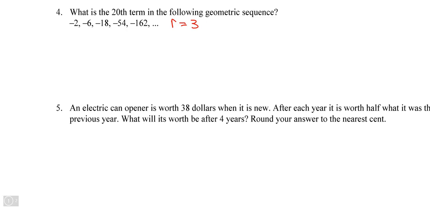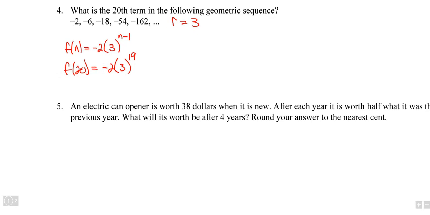So the explicit rule here is going to be f of n equals f of 1, our first term, -2, times r, which is 3, to the n-1 power. And so in this case, we're looking for the 20th term. So we have here f of 20 equals negative 2 times 3, and 20 minus 1 is 19, to the 19th power.